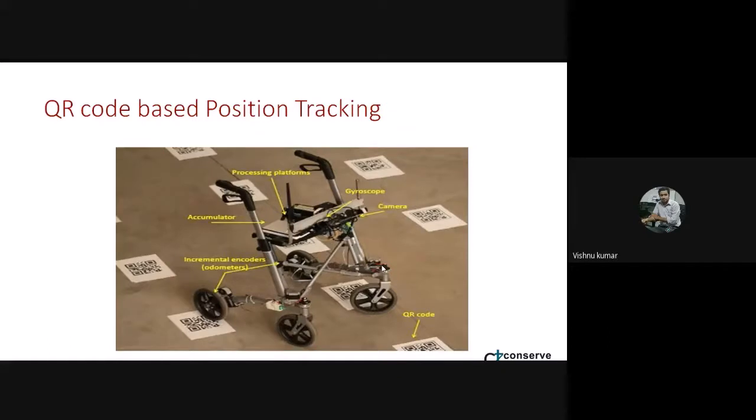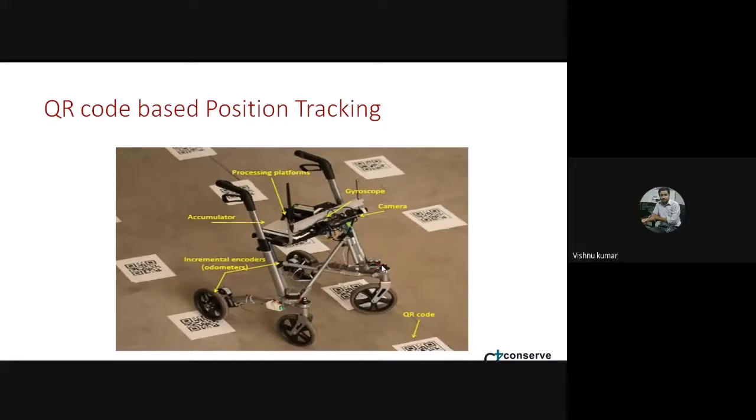First, we have to calculate the positions in the industrial scenario. For example, there will be some GPS location or whatever location, and that location should be encoded into the QR code. While the robot is moving and continuously scanning for QR codes, by scanning each QR code we get the exact location where the robot is standing.